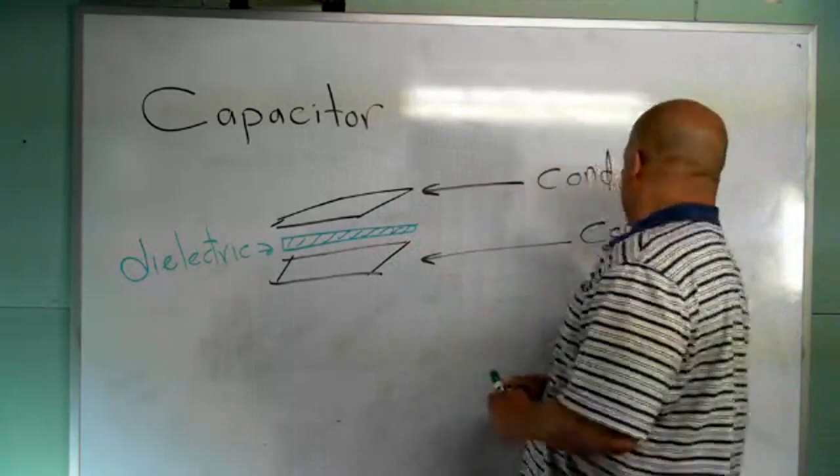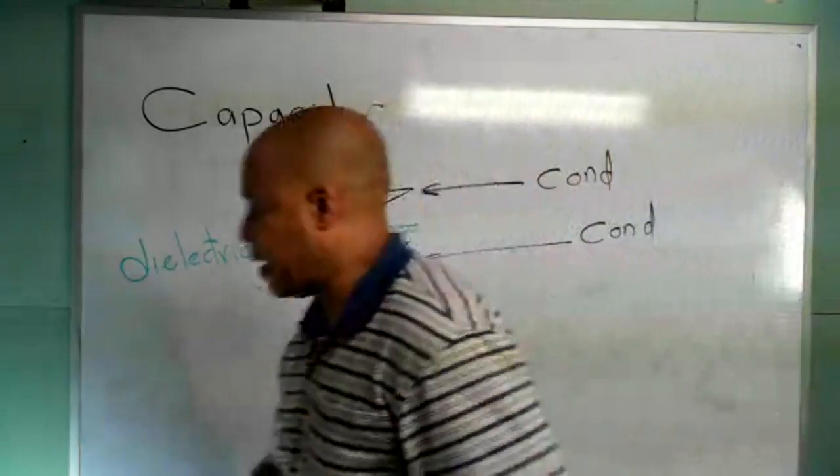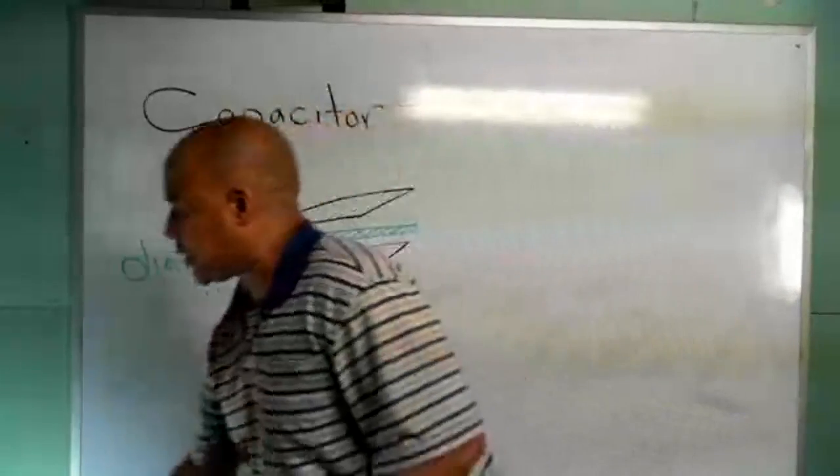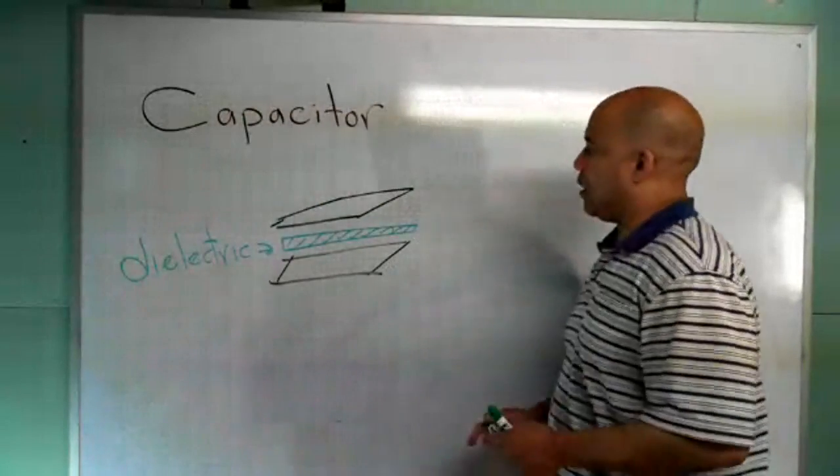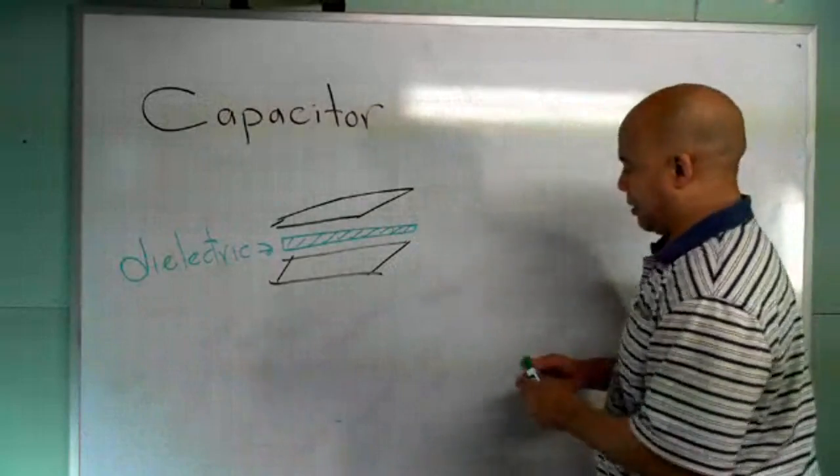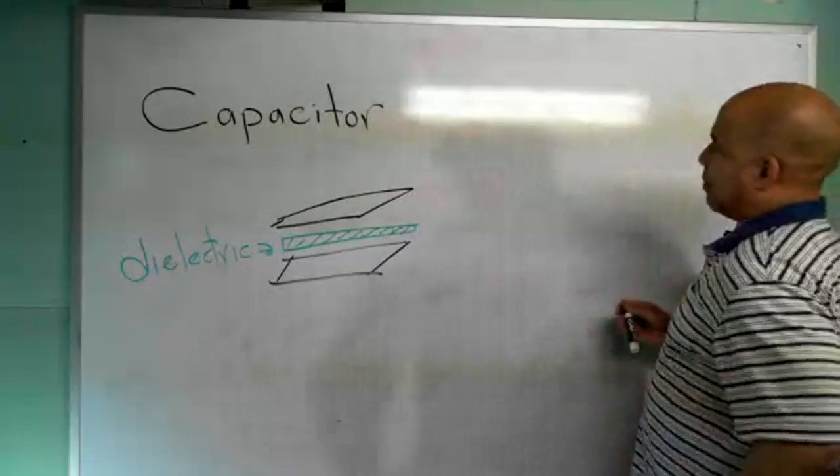Let me give you a formula to think about. This describes some of the characteristics and shows the relationship between the area. Let me just put the formula on the board. We'll talk about it.